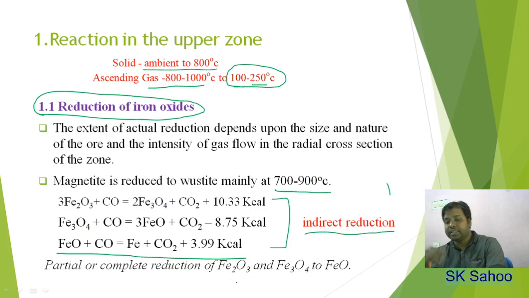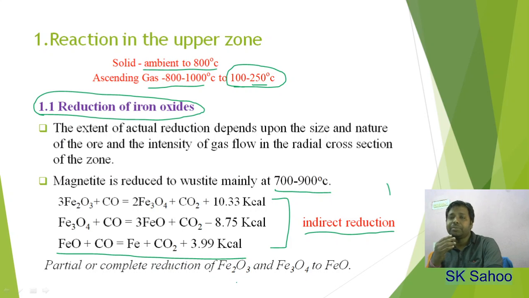And the actual reduction depends upon the size and nature of the ore and the intensity of the gas flow in the radial cross section of the blast furnace. The size of the particles, that means the iron ores or the iron oxides, also determines reducibility, because if the size is low, then the surface area will be more, so the reducibility will increase.